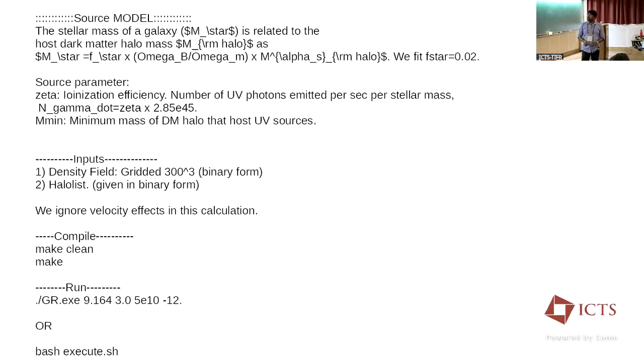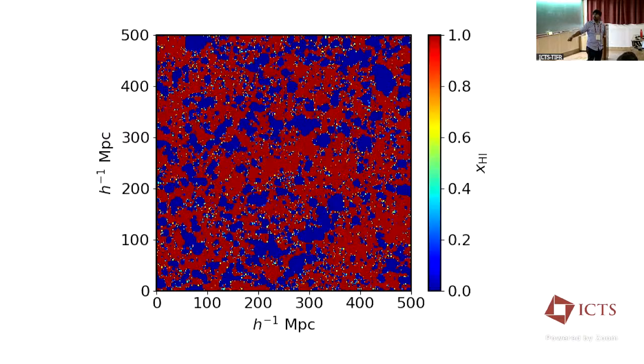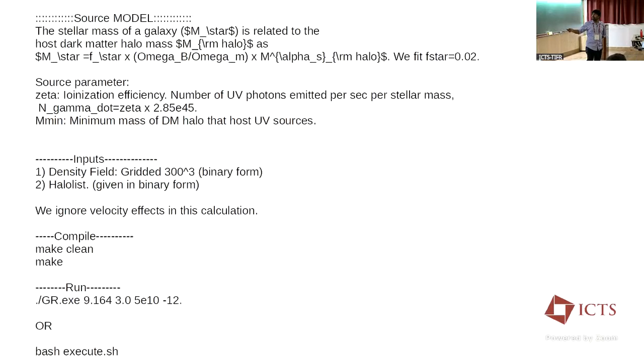Now, let us go through the script which has been provided to check whether this is working and you are able to produce at least some of the results which I have shown, before I go to a little bit of description of, let's say, the brightness temperature or ionization fractions.